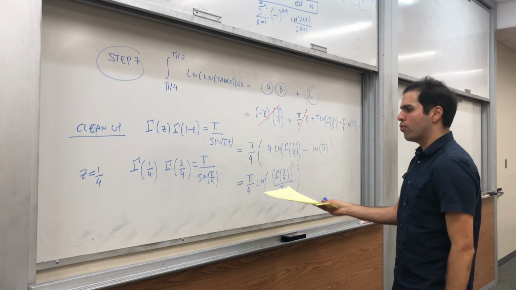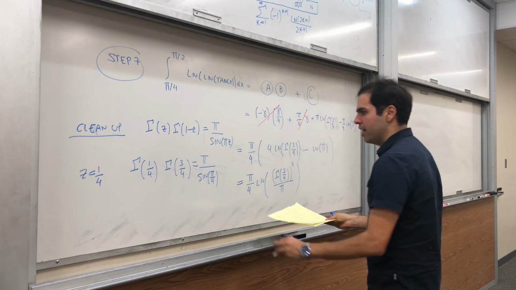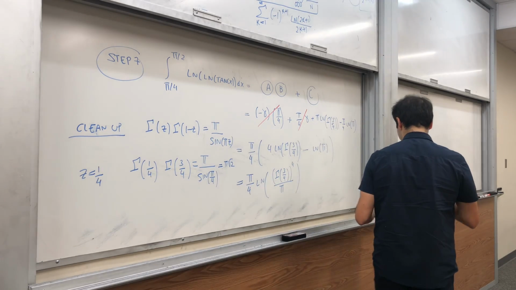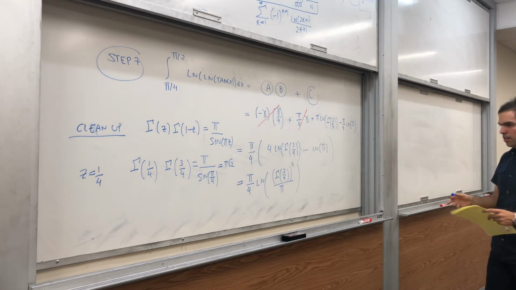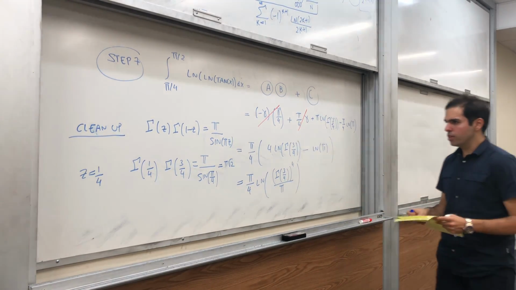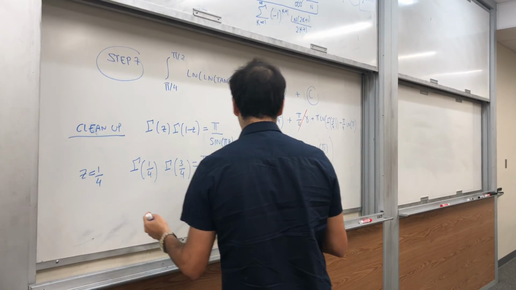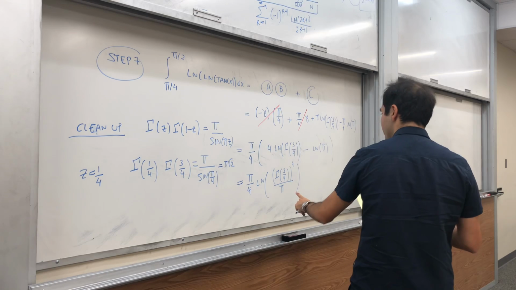Sine of pi over 4 is 1 over square root of 2, so this becomes pi times square root of 2.